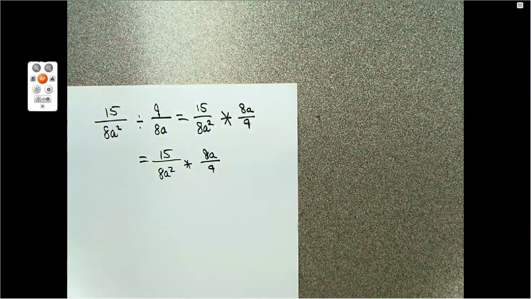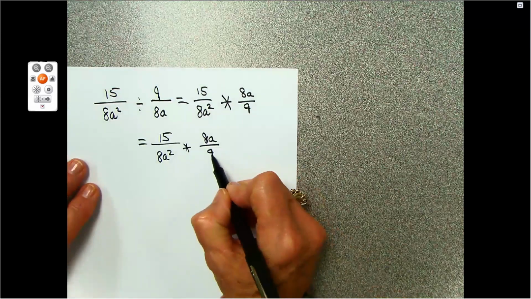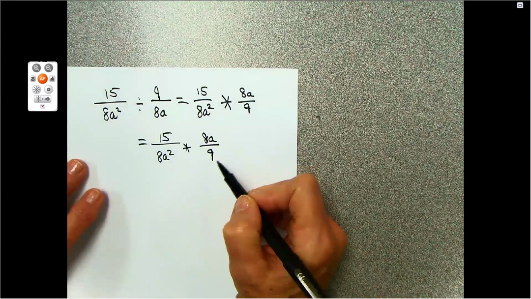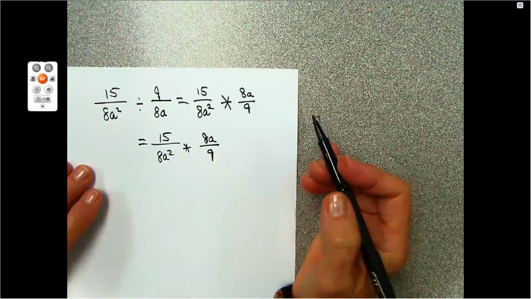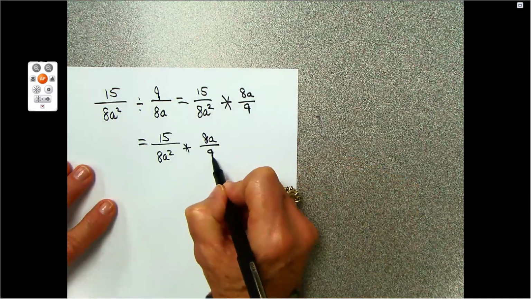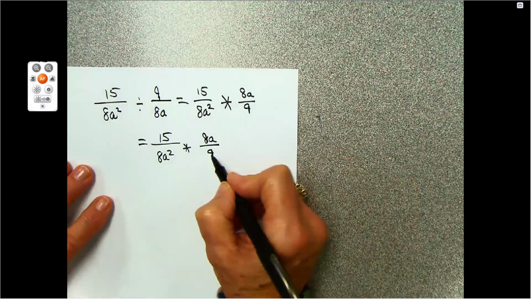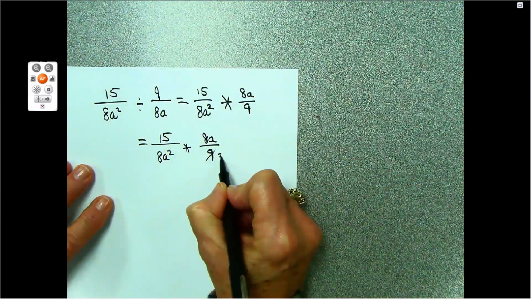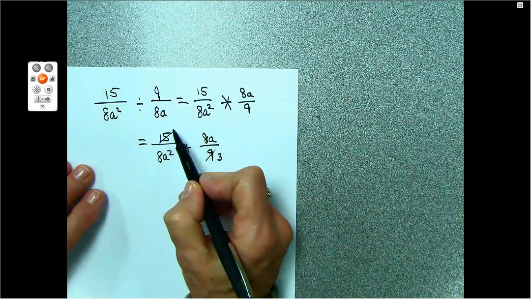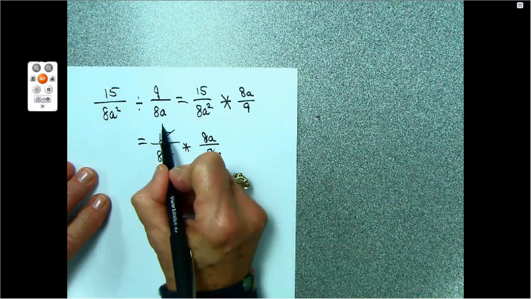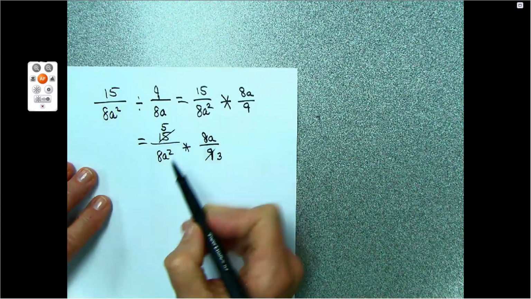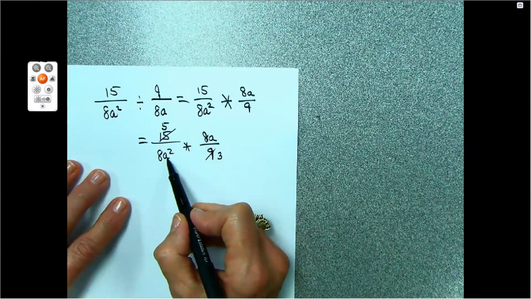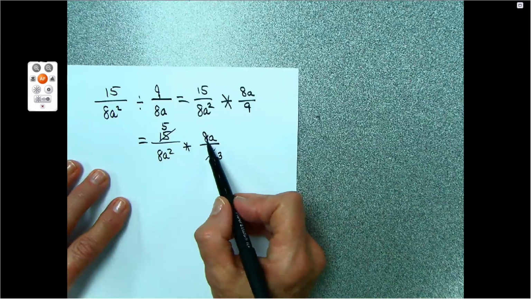Well, now I can look to simplify by finding other names for 1. If you're okay with cancellation, 3 goes into 9. How many times? And 3 goes into 15. How many times? 8a squared goes into 8a.